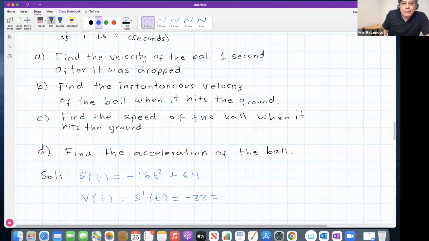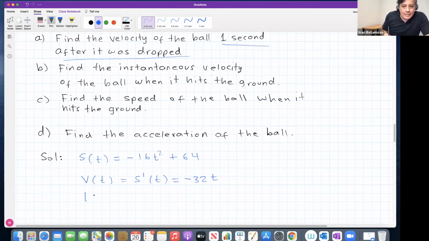Now they are asking me to figure out the velocity of the ball 1 second after it was dropped. So I just say, let t be equal to 1 second. All I have to do is substitute t with the number 1 in my velocity function.